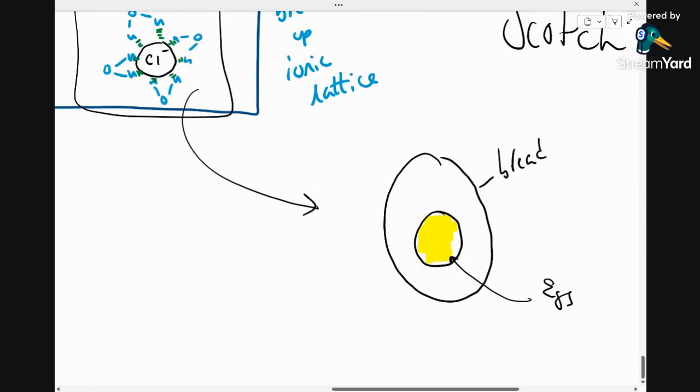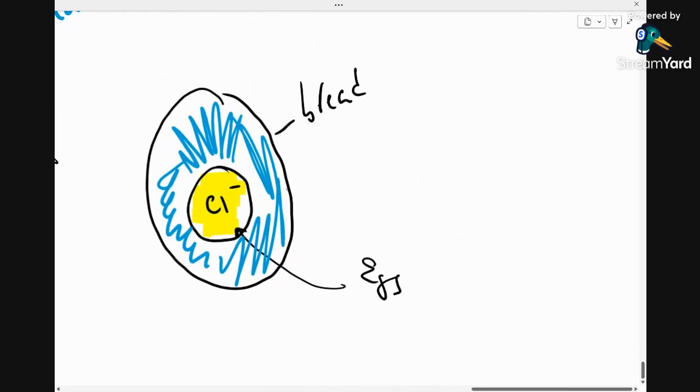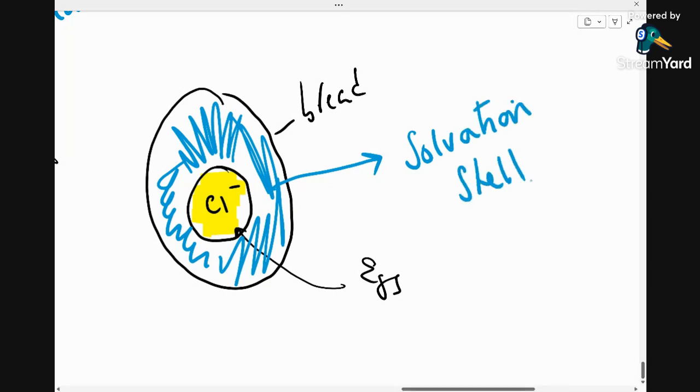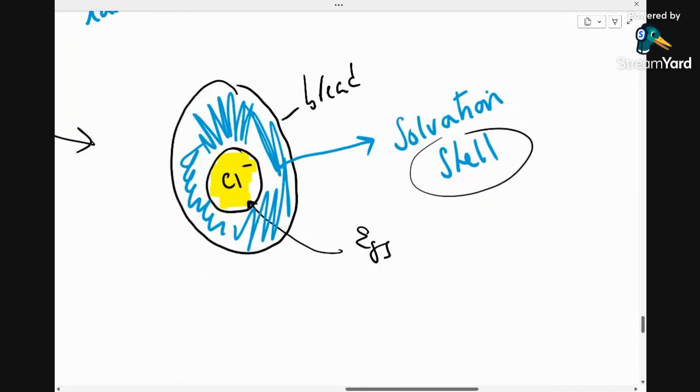And the analogy here is that the center is the chloride ion, that's the egg, and the water that surrounds the chloride ion here, if I just color it in like that, is the sausage meat casing. And we call this, the water surrounding the chloride, or the sodium, for example, a solvation shell. And I think the word shell is quite nice there because it links to the whole egg analogy.